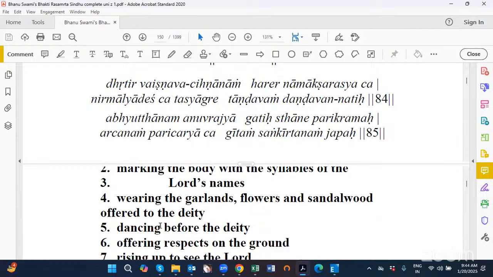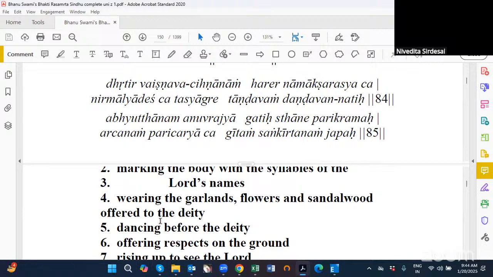Okay. So 5 in 84th verse and 9 in the 85th verse. 4 in the first line, 5 in the next line. So you can mark it also so that when you read the verse, you know.